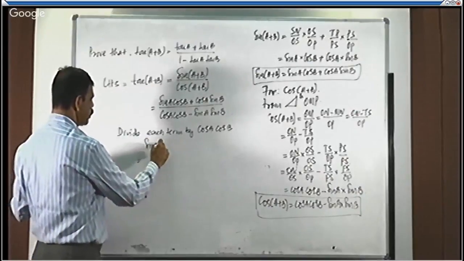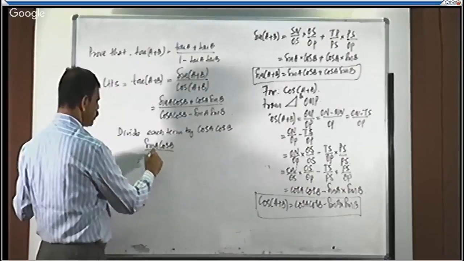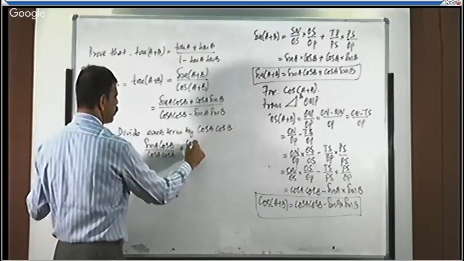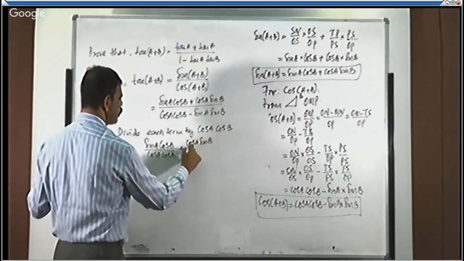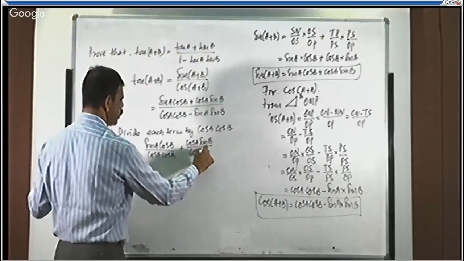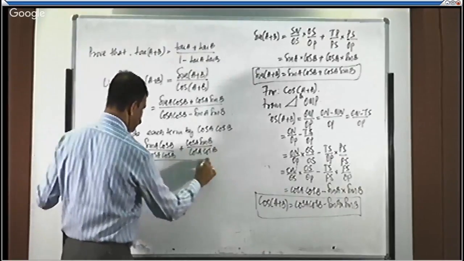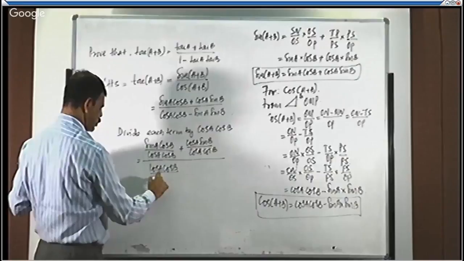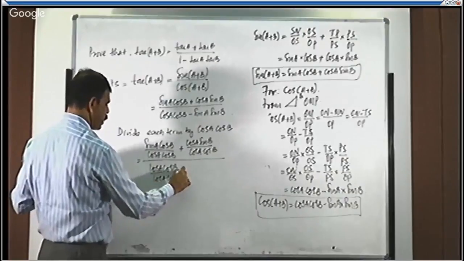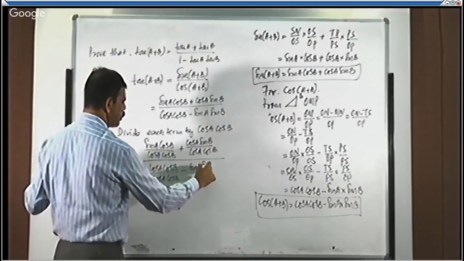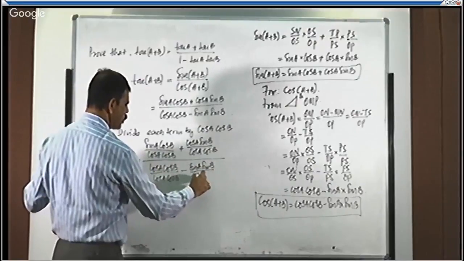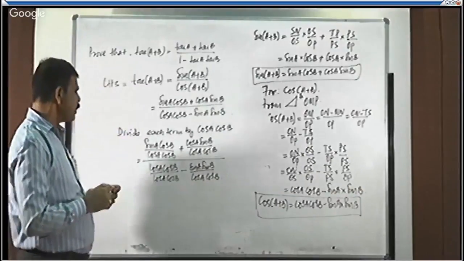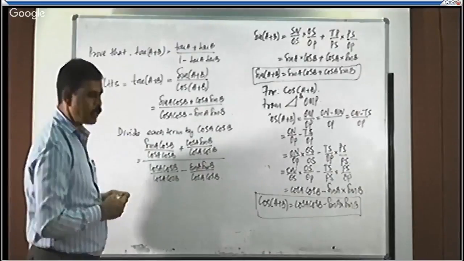Sin of A cos of B divided by cos A cos B plus cos A sin B. Cos A sin B is also divided with cos A cos B. Okay, all divided by cos A cos B divided by cos A cos B minus sin A sin B divided by cos A cos B. So what we did? We did dividing all the terms with cos A cos B.